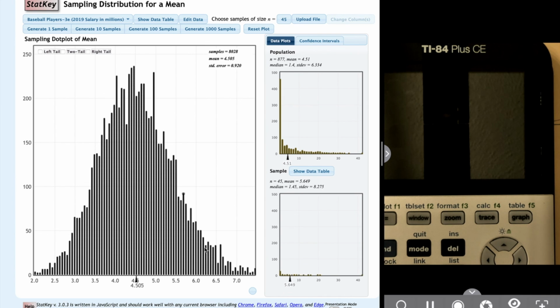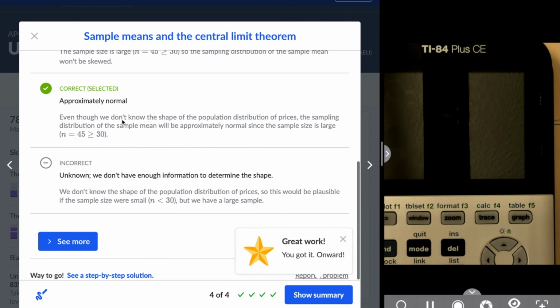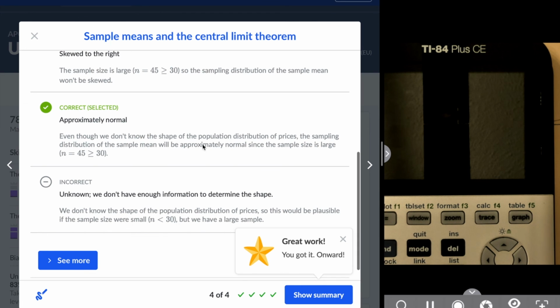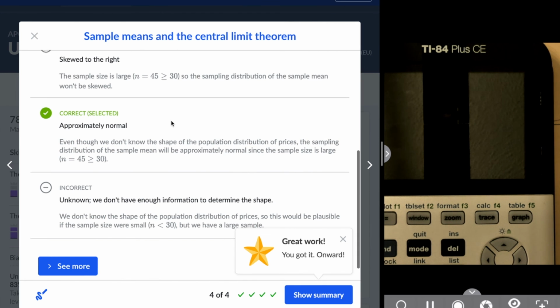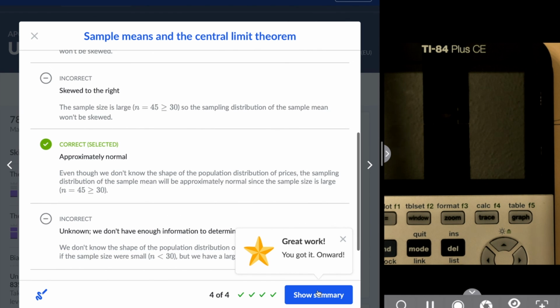The distribution of averages from a skewed right population, as long as I'm sampling more than 30, is approximately normal. So that's why the question is correct. Even though we don't know the shape of this population, even though they never said what it looked like, I know that I'm going to get a normal distribution for what I expect to get from a sample because I sampled more than 30 at a time.